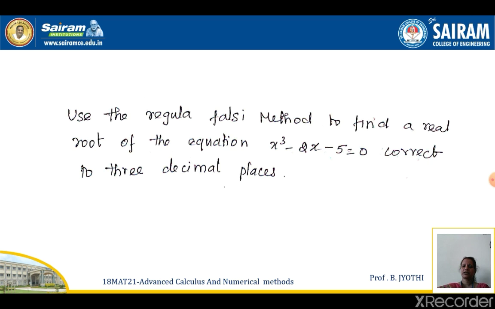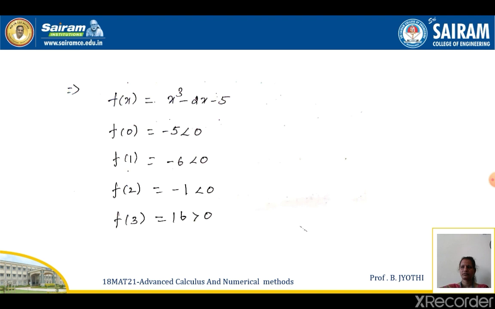Let's go to the next example. Using the regula falsi method, find a real root of the equation x cube minus 2x minus 5 equal to 0, correct to 3 decimal places. Let us assume f(x) as x cube minus 2x minus 5.